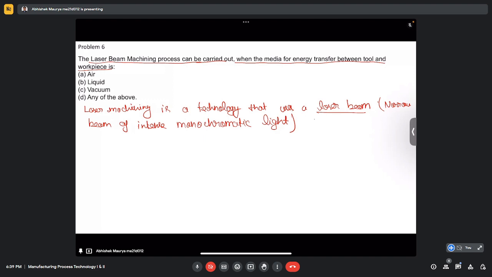This light is used to cut different shapes or profile or pattern for any kind of material. There is no limitation that material should be conductive or it should be metals. So it can work for any material.